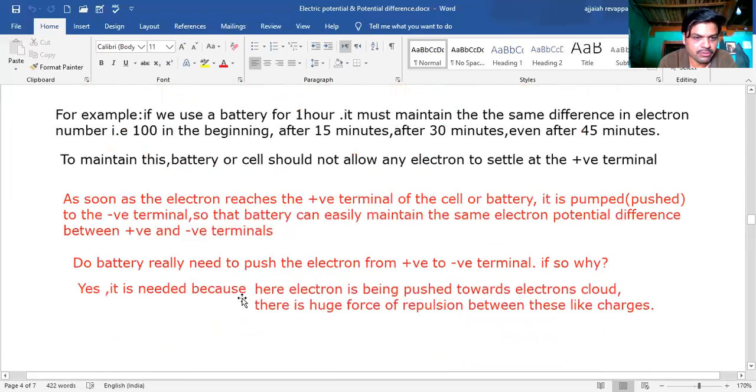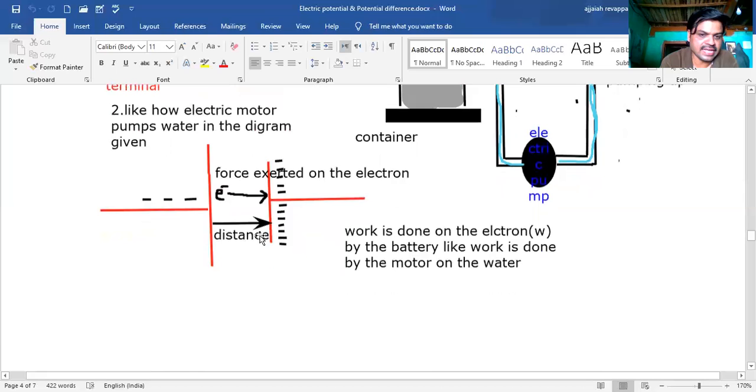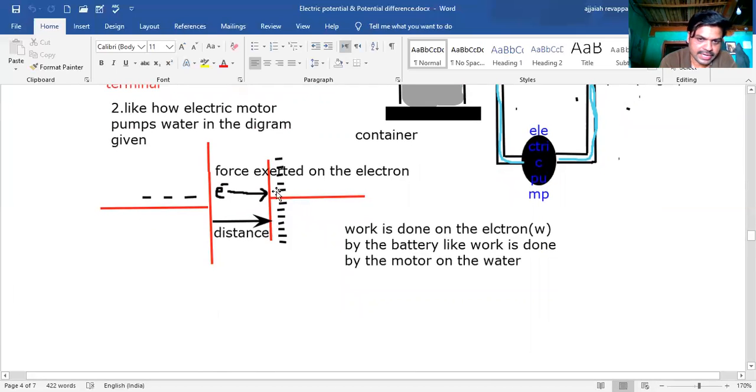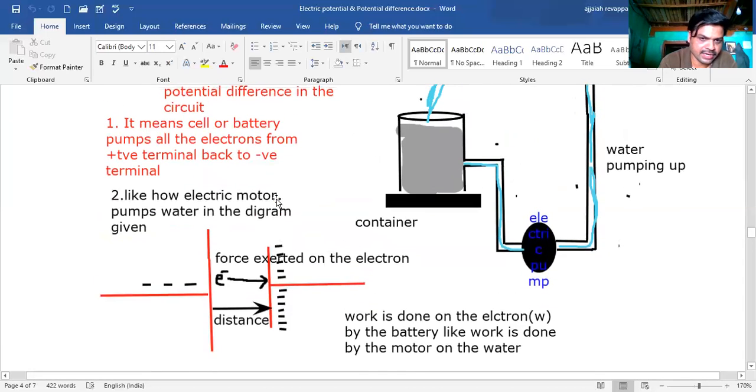As soon as the electron reaches the positive terminal, it is pumped to the negative terminal so that the battery can maintain the same electron difference between positive and negative terminal, the same 100. If this electron is pumped back to the negative terminal, it becomes 100 minus 0, it becomes again 100.